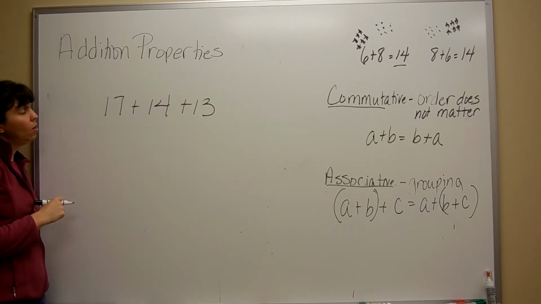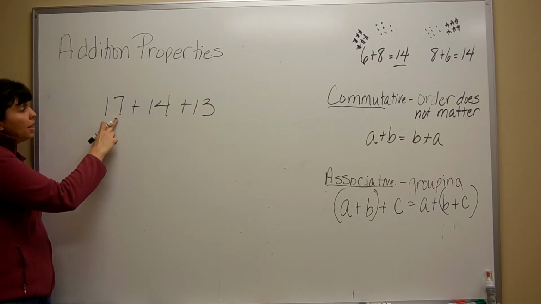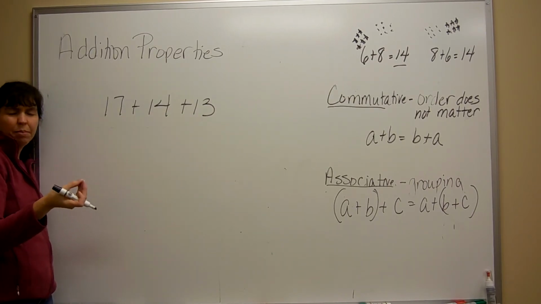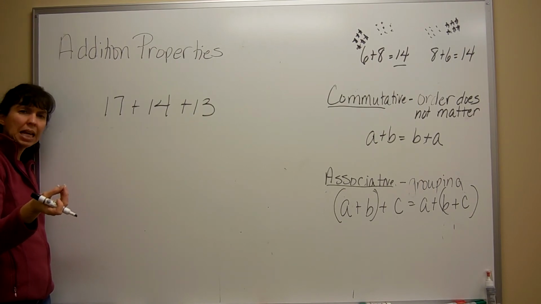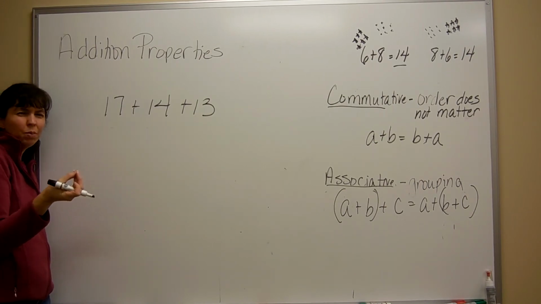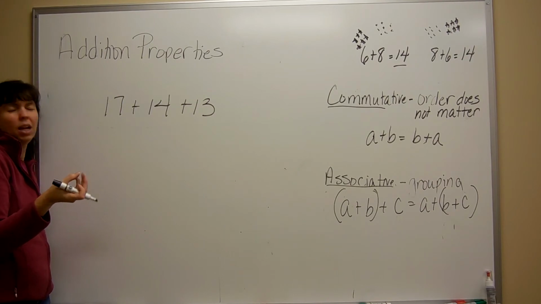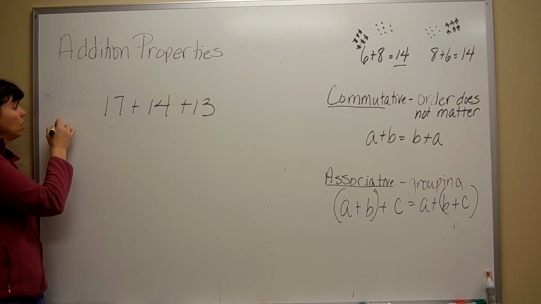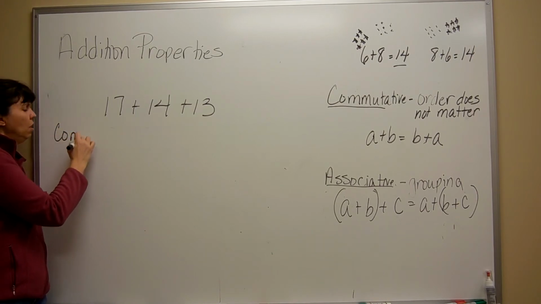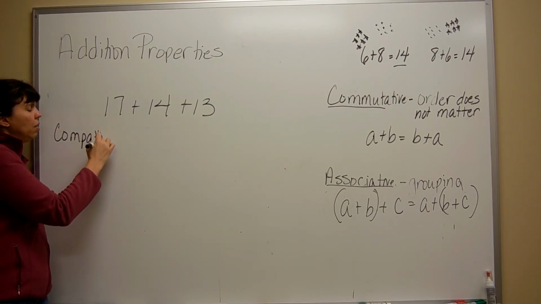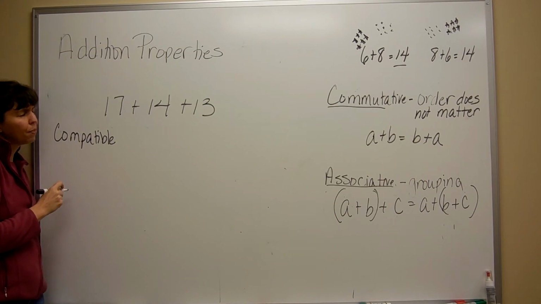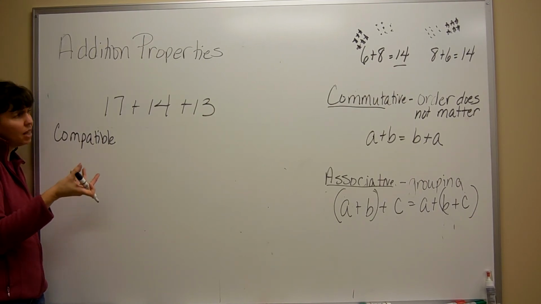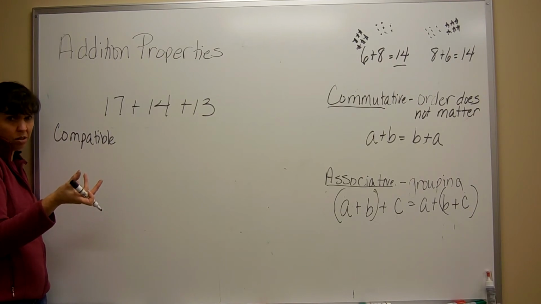Well, what I notice is 7 and 3 group together really nicely because they would add up to 10. And so when numbers group together nicely, like they end in a 0, or maybe they're 25s or something like that, we consider those compatible numbers because they're quick and they're easy to do in our head. So if I grouped those together first, this calculation would be easier to do.